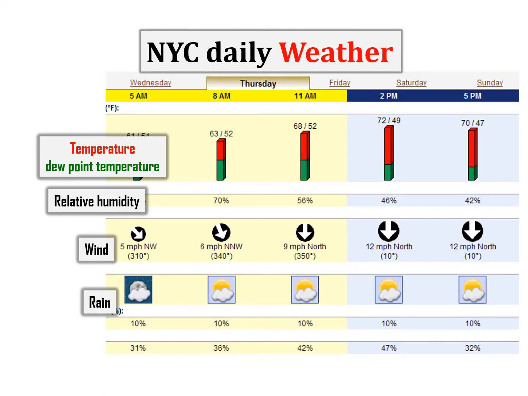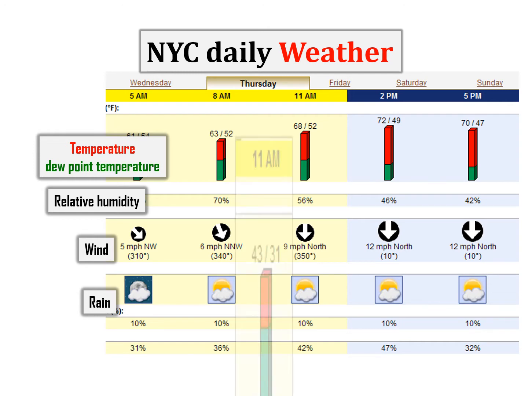Here I show you weather elements: temperature, dew point temperature, relative humidity. We want to learn these three things and the relationship among temperature, dew point temperature, and relative humidity.